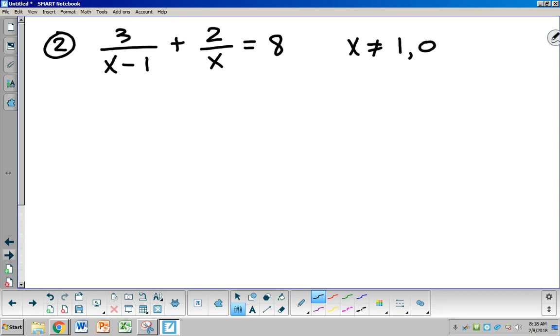So if we get that in the end, we know it's extraneous. And now I need to find a common denominator, which will be x times x minus 1. So what do I have to multiply the first expression, this one, by? x.